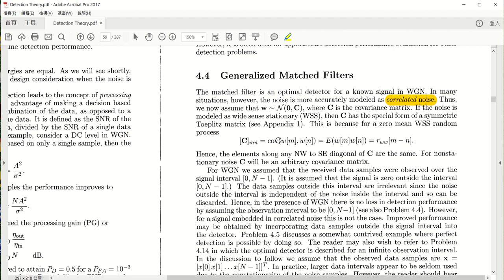So for example, this covariance of Wm and Wn, in our previous case, is supposed to be 0 if m is not equal to n, but here it is no longer 0. So the C will be a covariance matrix.